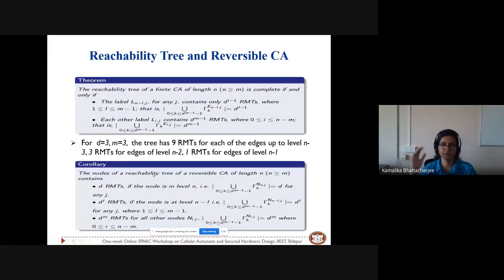If we look at the tree, starting with the root up to level n minus 3, there will be 27 RMTs for each of the nodes. For level n minus 2, we will have 9 RMTs. For level n minus 1, we will have 3 RMTs, and for the last level also we will have 3 RMTs.